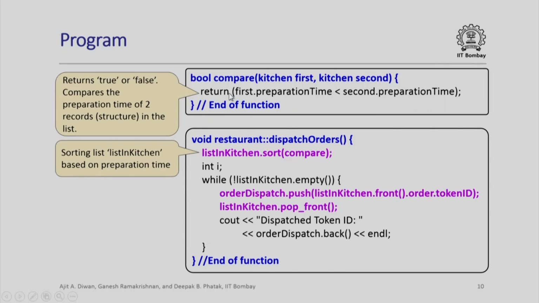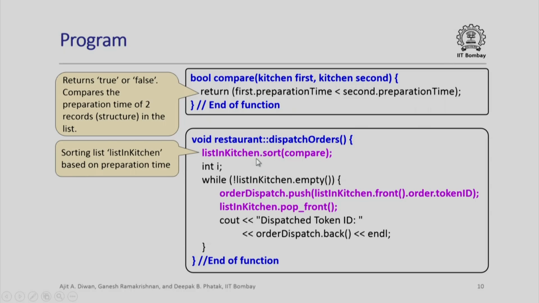What does it say? First dot preparation time less than second dot preparation time. If that is true, it will return true, otherwise it will return false. Please note that this function compare itself is being passed as a function pointer in the sort statement. So, the list will be sorted using this compare function which is written here.